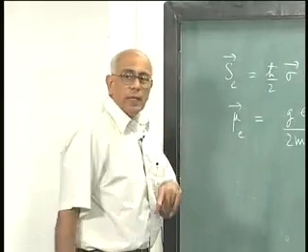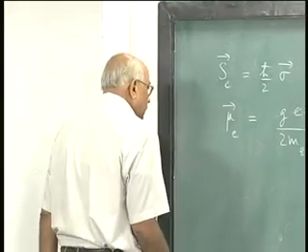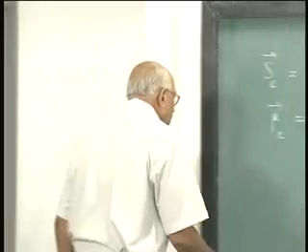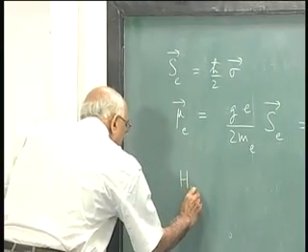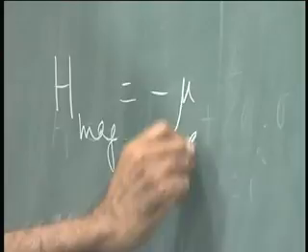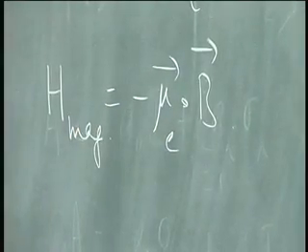The moment you put this electron in a uniform magnetic field, this dipole moment experiences a torque, and the magnetic part of the Hamiltonian is equal to minus mu E dot B. That is the potential energy.